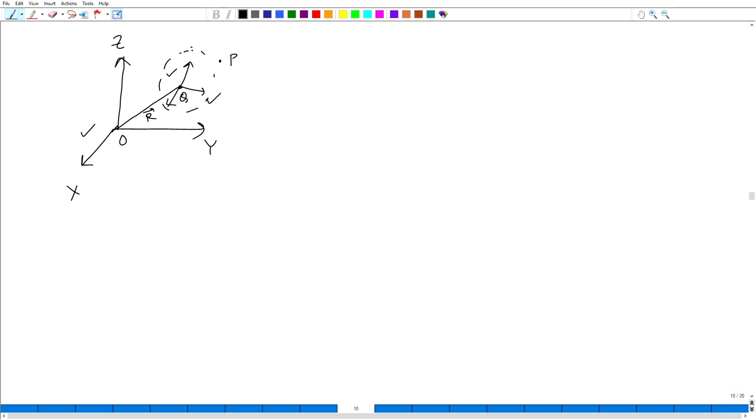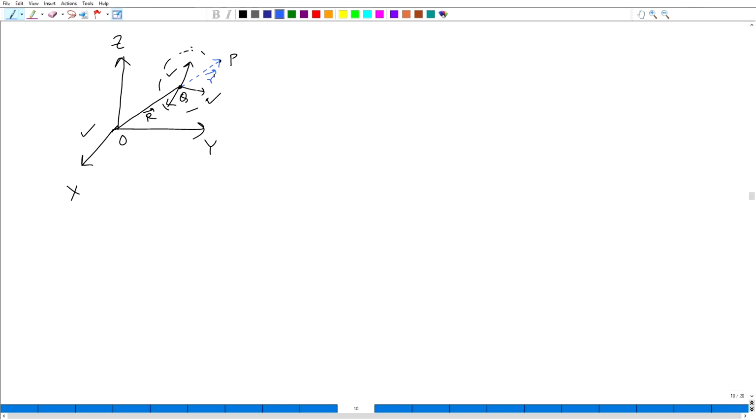Okay. Then what happens, we can actually say that if we want to now study the motion of P with respect to this second coordinate system or second frame of reference, we actually should draw the position vector of this here, and that should be given by small r vector.